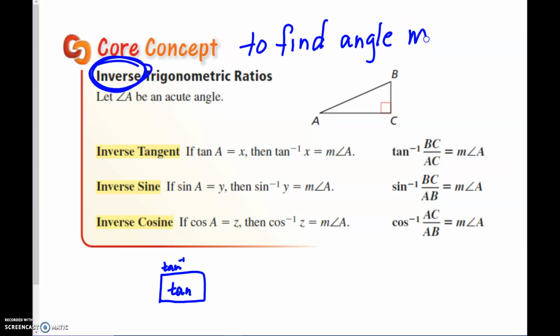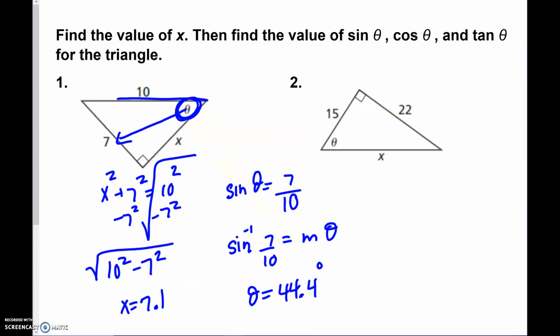So whenever you're looking for an angle measure, you are going to have to use the inverse button, which is typically right above the tangent. So we're looking at inverse tangent, or inverse sine or inverse cosine, whichever one it happens to be that we're using. In this particular example, it happened to be sine.